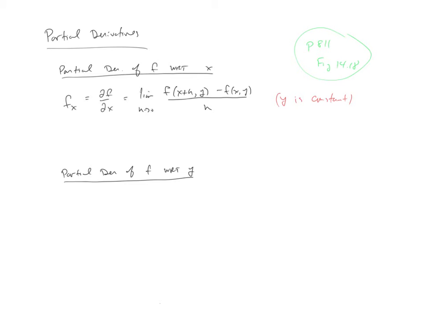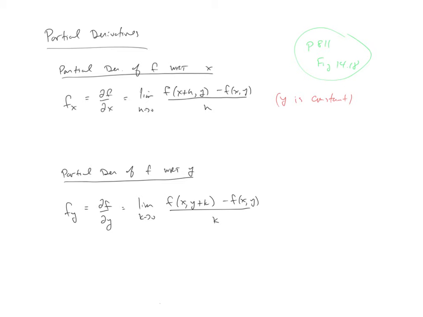When it comes to the partial of f with respect to y, it's pretty similar. We'll have an f sub y notation. We'll have a partial f, partial y, and we'll also have a limit now as k goes to 0 of f of x comma y plus k minus the function itself all over k.